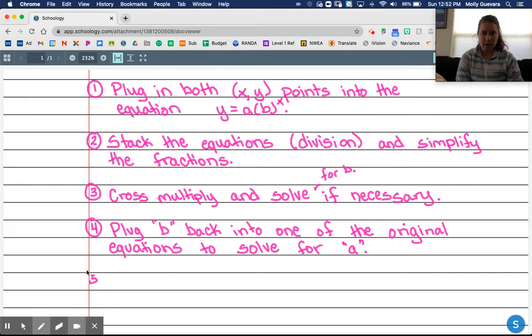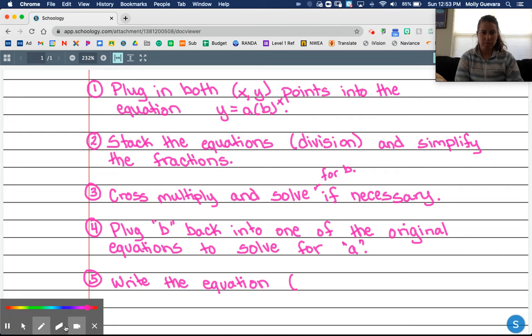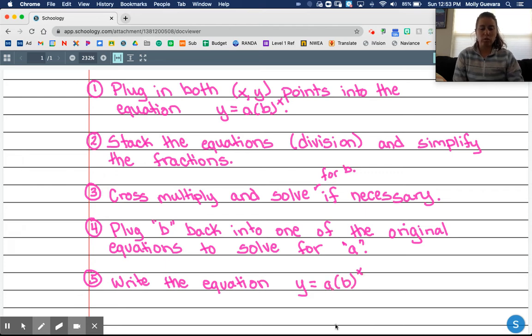And then step 5 is going to be write the equation. So now you have a and b, so your last step would be to actually write the equation. And the equation will be in that y equals a times b to the x format. So those are our 5 steps on how we find the equation.